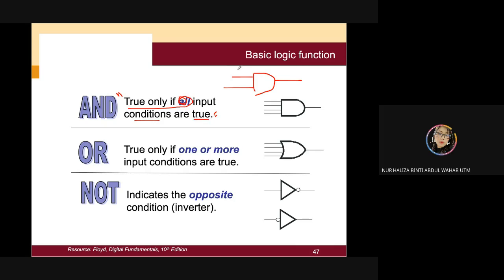So only, let's say input A and input B are 1, then the output is 1. The rest, if let's say the input is 1, 0 or 0, 1, whatever, it still remains 0. This is the first condition that you need to know about the AND gate. Later on, you will see the truth tables that you're going to apply.